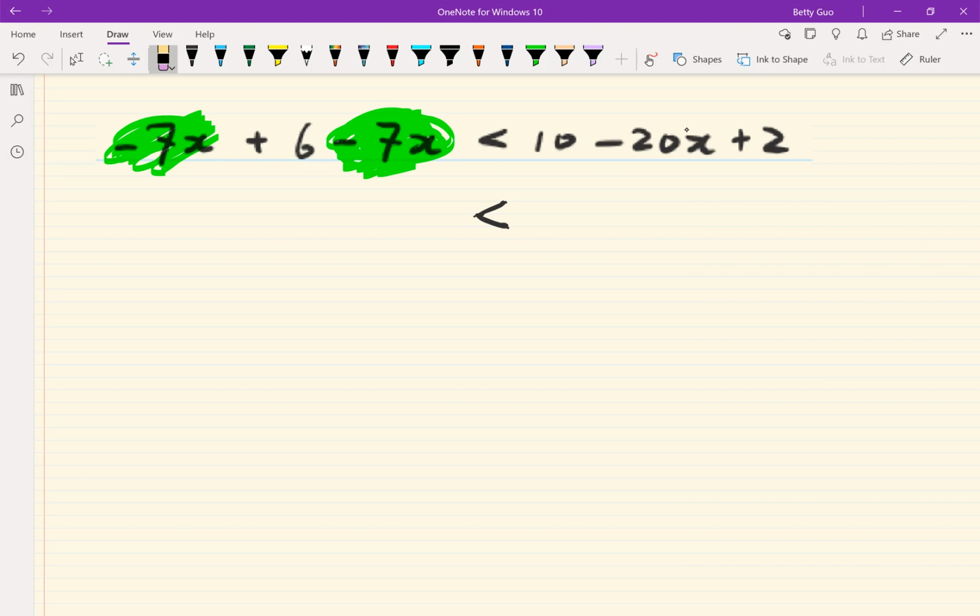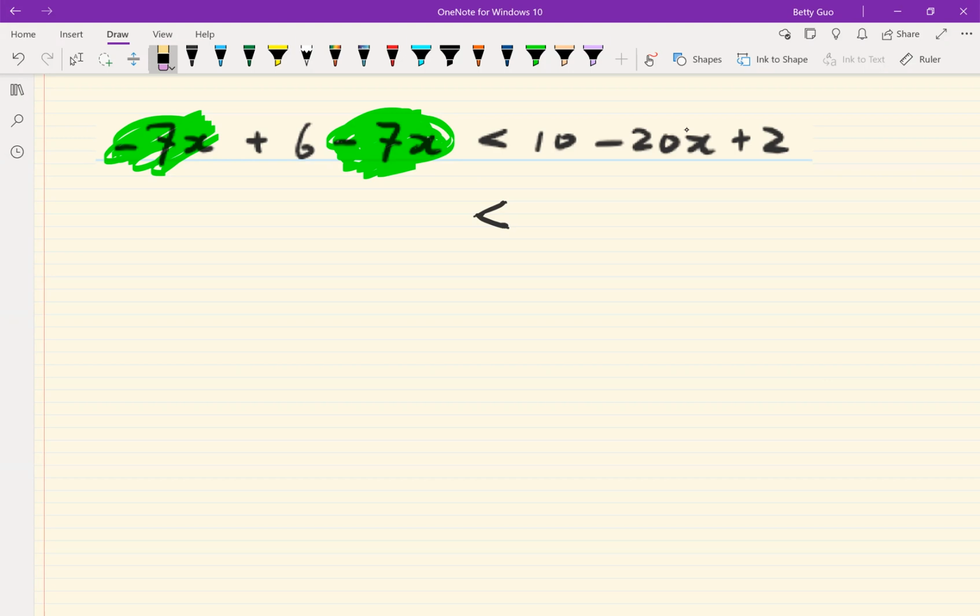You have -7x and another -7x. Isn't that -14x? Let's say x is an apple, right? -7x means you owe 7 apples, and then you owe another 7 apples. So you owe 14 apples, so you have -14 apples.